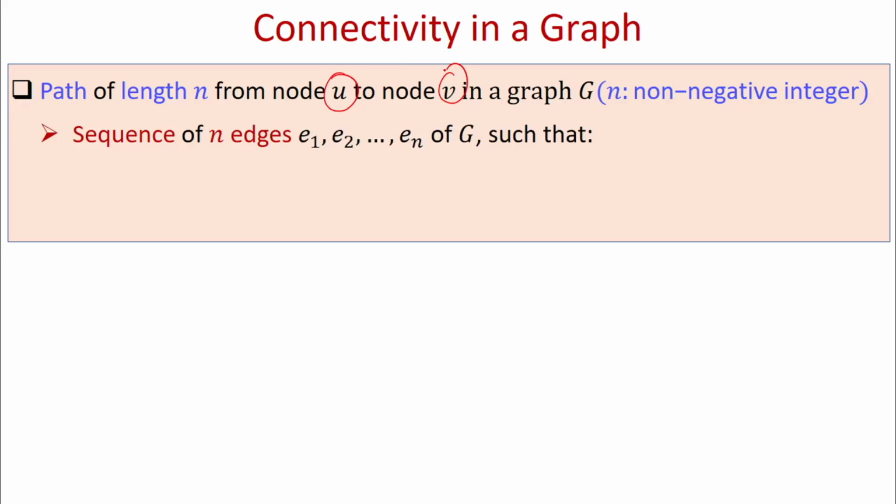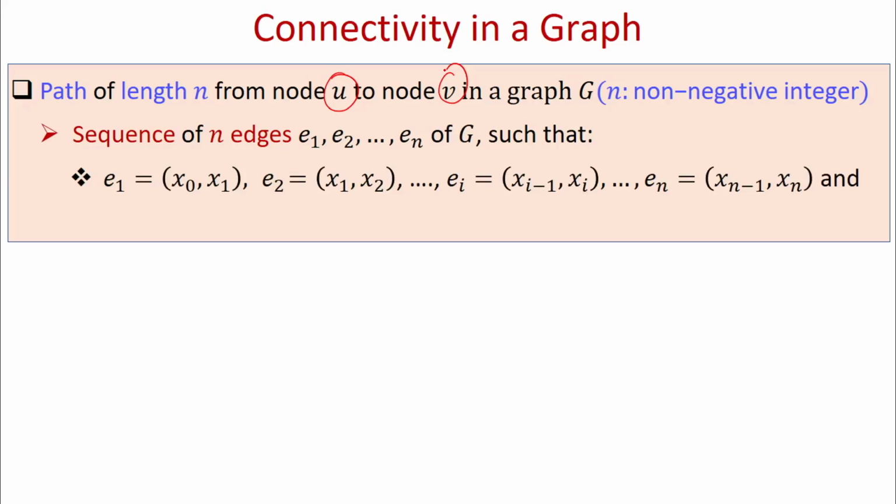So a path of length n between the node U and the node V is a sequence of n edges in the graph, say the edges are of the form x0 x1, x1 x2, and continuing like that, up to x(n-1) xn, such that the starting vertex or the first endpoint of the edge x0 x1 is U and xn is equal to V. If that is the case, then I say that I have a path of length n between the node U and the node V.